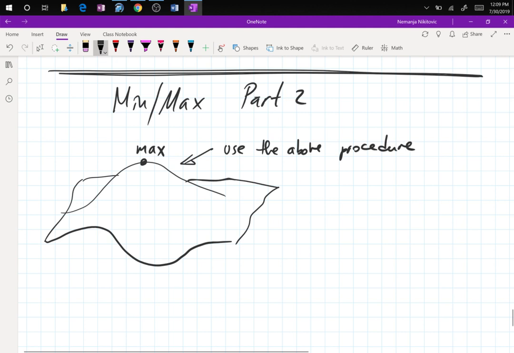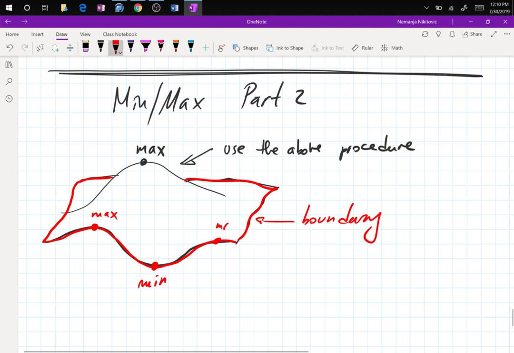But now if you look at the boundary of the problem, it too has a max, a min, another max, and so on.